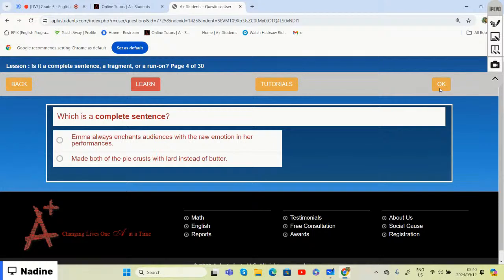We now need to say which is a complete sentence. It says option 1, Emma always enchants audiences with the raw emotion in her performances. Or option 2, made both of the pie crust with lard inside of butter. We need to select the complete sentence.